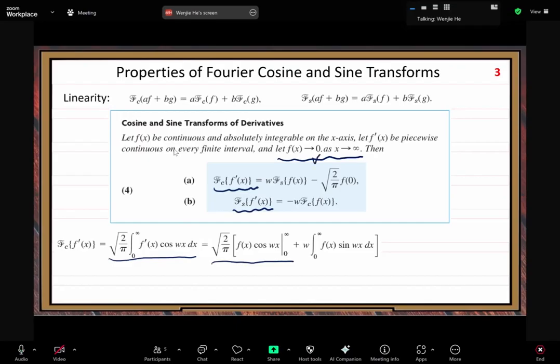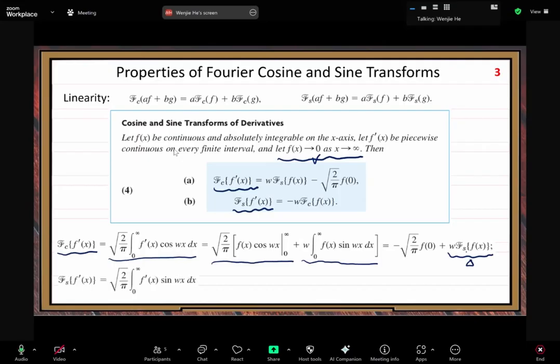Then the second part. Can you see something related to the Fourier cosine transform here? It is kind of a recursion. So when you calculate the Fourier cosine transform of the derivative, the representation needs the Fourier sine transform of that function.